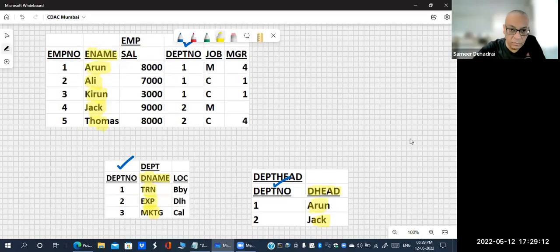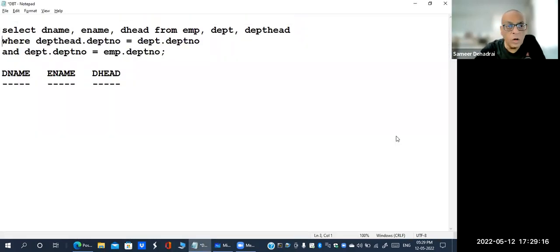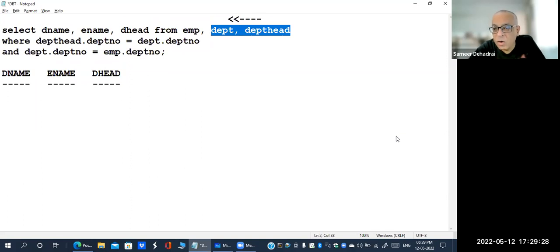Now here, listen, even though I'm joining three tables at a time, internally, it will join two at a time. You see, your computer is based on binary logic, ones and zeros. So even if I'm joining three tables, internally, it will join two at a time.